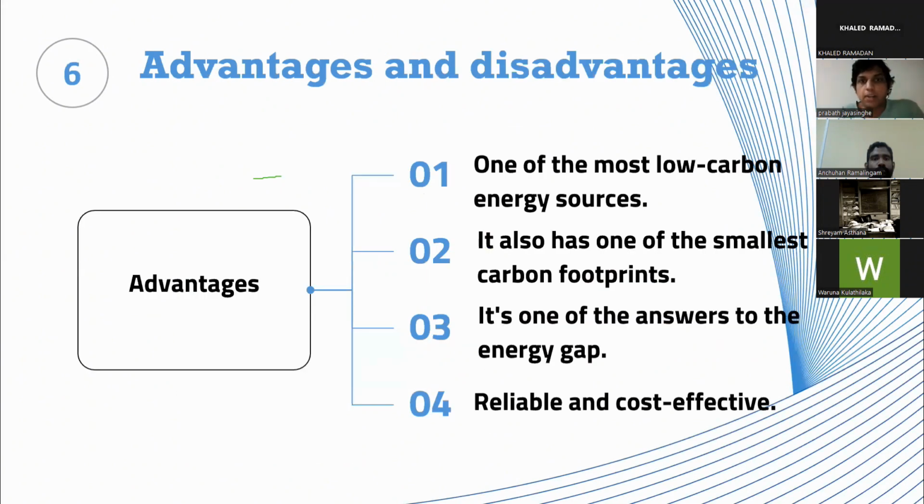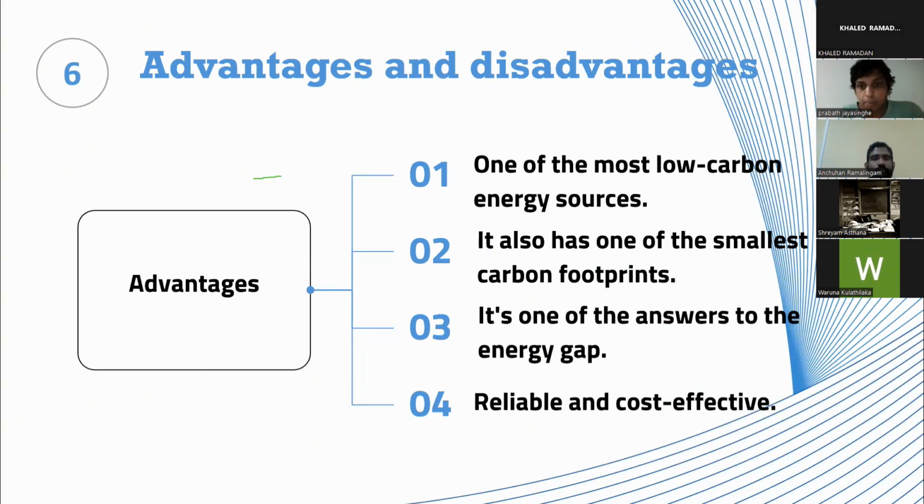One of the most important things is that people think nuclear energy is very harmful, but as with other energy sources, there are also advantages and disadvantages of nuclear energy. First, if we talk about advantages, it's one of the smallest carbon footprint energy sources in the world, and it will give us the answer to the energy gap, because we know that we are having an energy crisis at the moment.